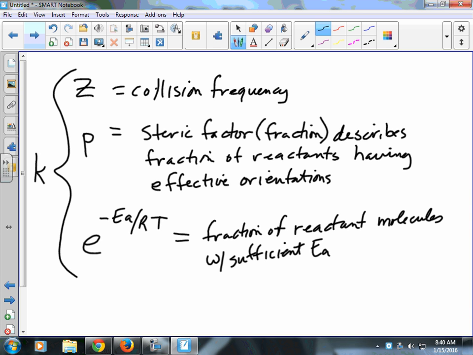Okay, so there is an equation named after a chemist named Arrhenius. I'm probably mispronouncing his name. We'll hear his name again when we get to acid-base equilibrium. He was the first to define an acid and a base.